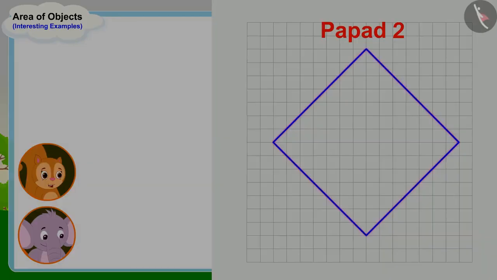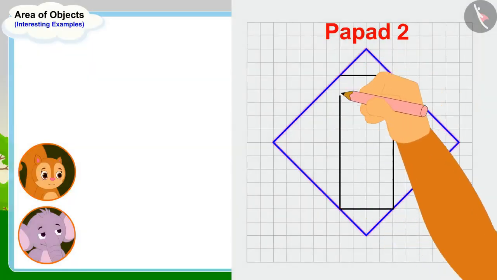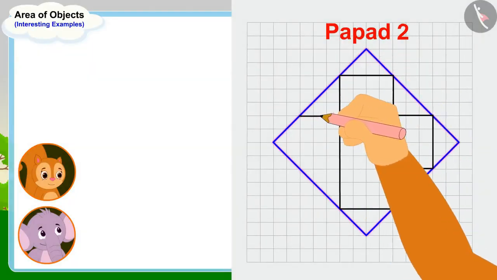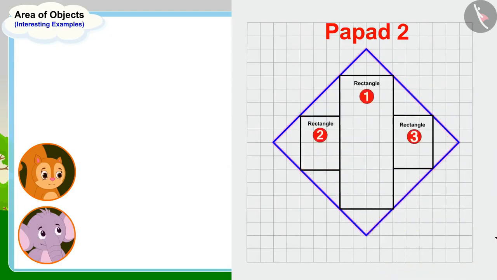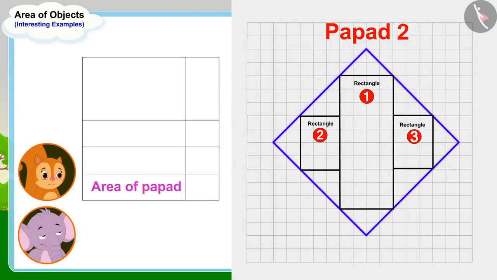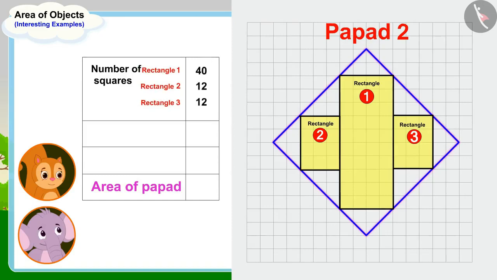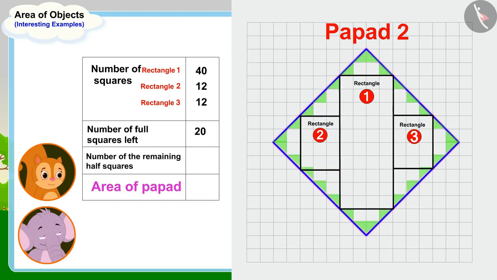Chanda told Appu. Then Chanda made such rectangles in the area enclosed by the outline of the second papad. She then wrote down the number of squares falling in those rectangles in this way. Now, Chanda wrote the number of the remaining full squares, 20, and then she wrote the number of the remaining half squares, 28, or 14 full squares.